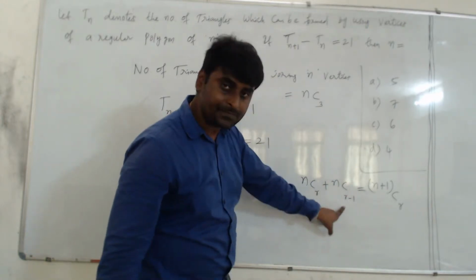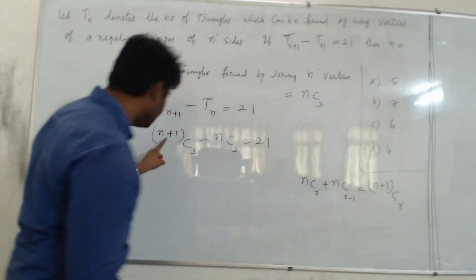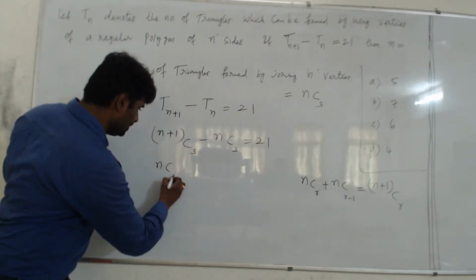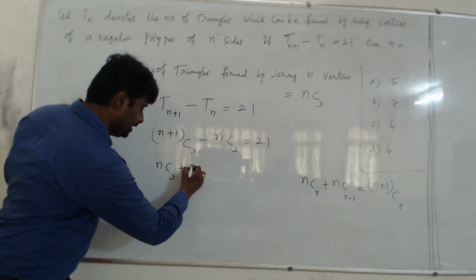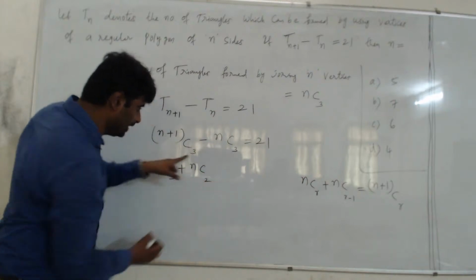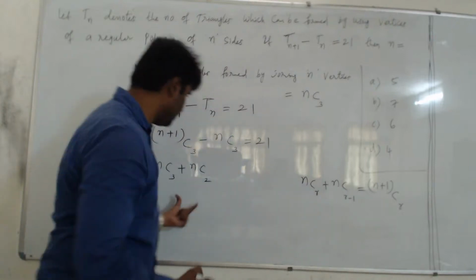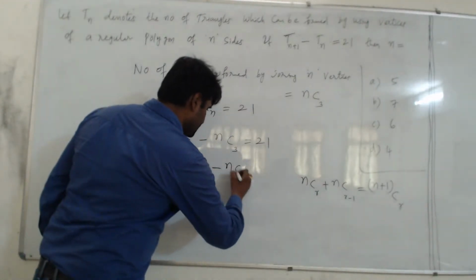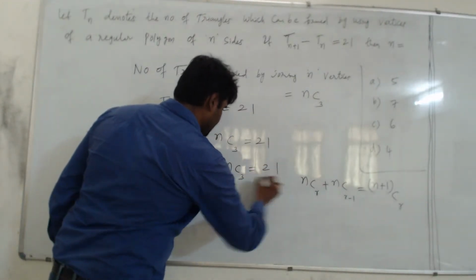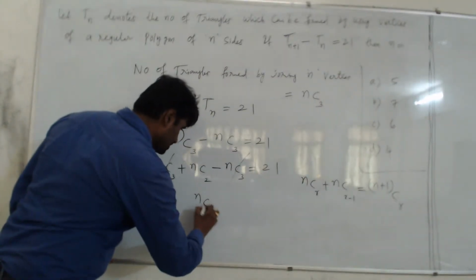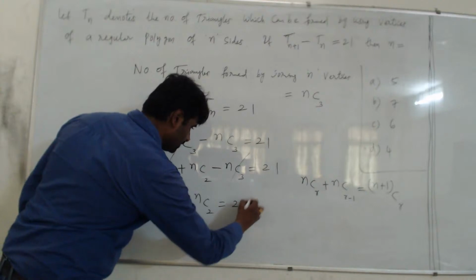So how can I write this now? N plus 1 C3 means nC3 plus nC2. Clear? So from this I can write this formula, so that nC3 gets cancelled there, right? So finally, nC2 equals 21.